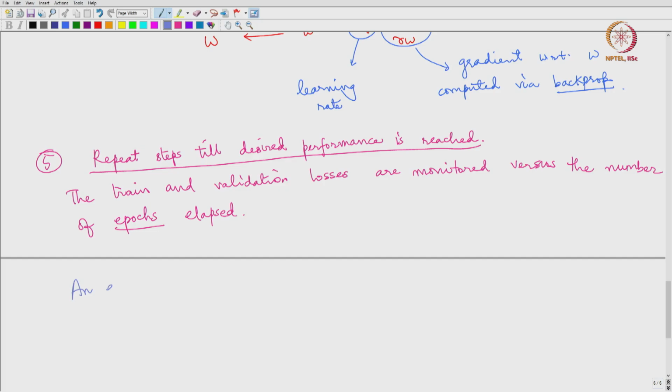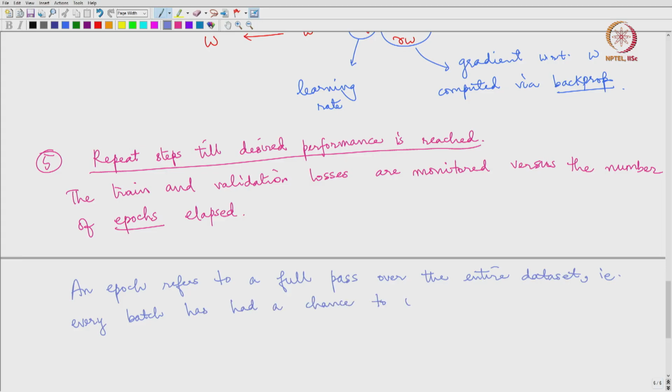So, an epoch refers to a full pass over the entire data set, that is every batch has had a chance to update the model parameters.